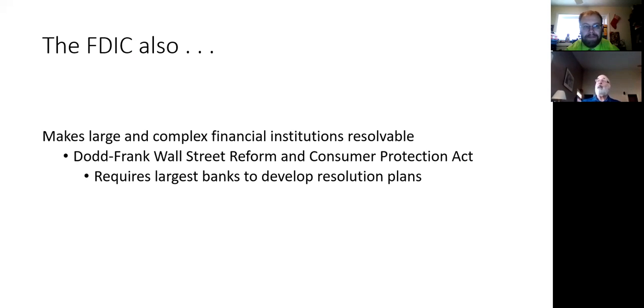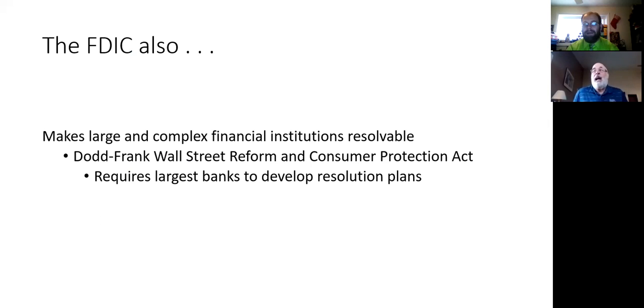The Dodd-Frank Wall Street Reform and Consumer Protection Act did something kind of unique in that regard. It requires these banks, the largest banks, I think it's the largest 8, it might be the largest 10, to actually develop plans on how they could be resolved. Oh, so they do the work for you.